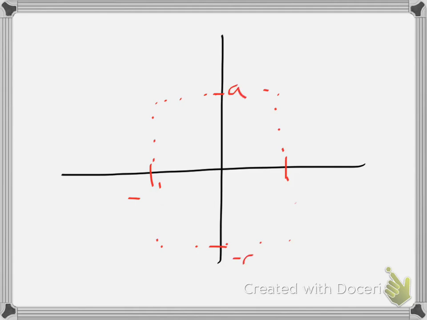Here's my a, negative a, b, and negative b. So the asymptotes we talk about go through the center, through the corners of the central box, and help us to eventually construct our hyperbola.